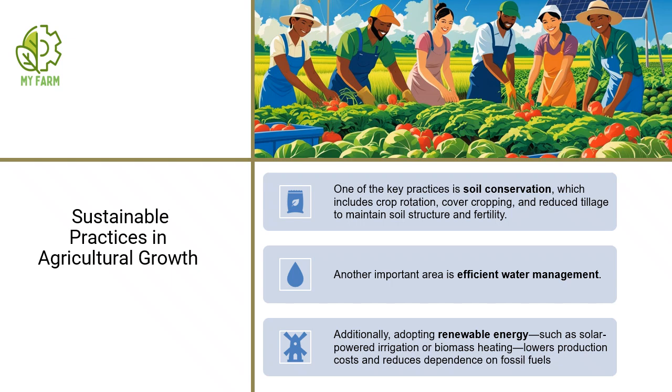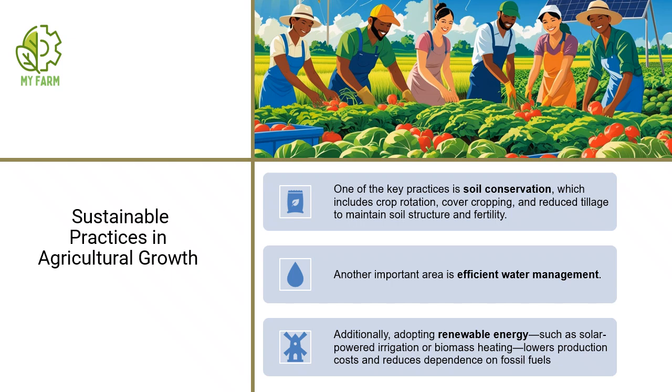One of the key practices is soil conservation, which includes crop rotation, cover cropping, and reduced tillage to maintain soil structure and fertility. These techniques help prevent erosion, improve water retention, and support healthier crops.